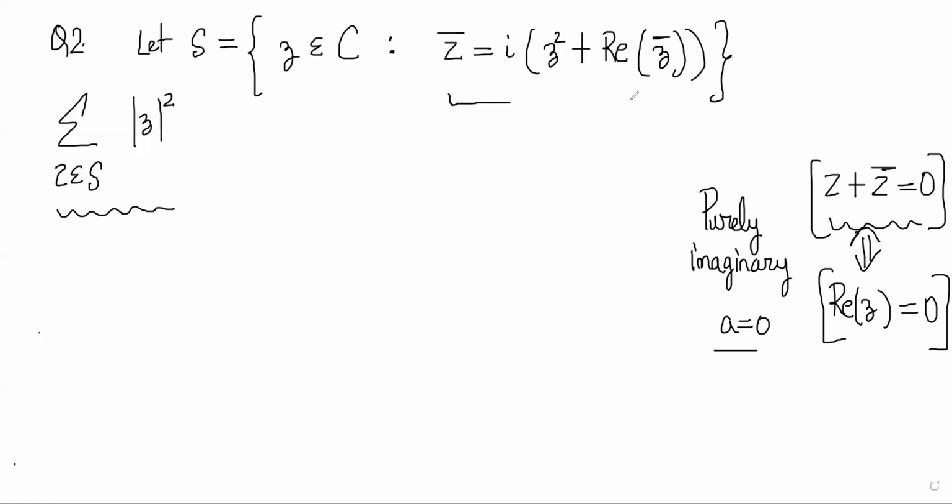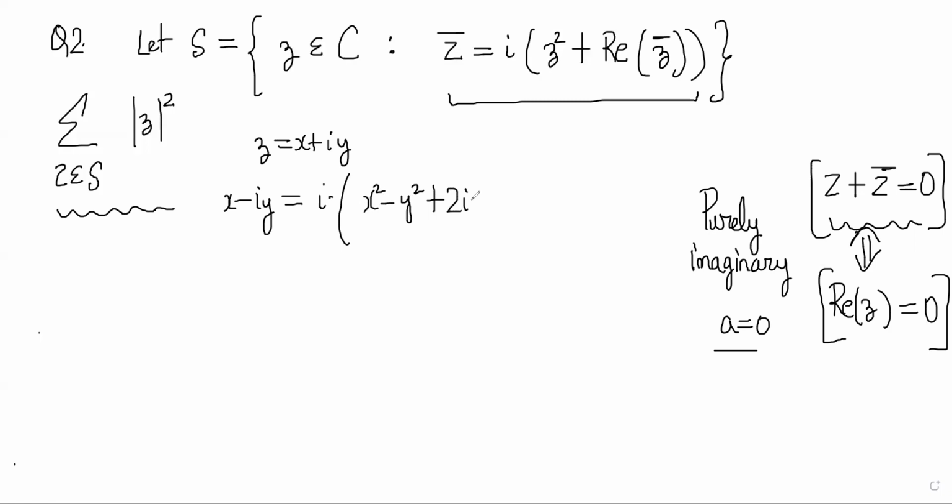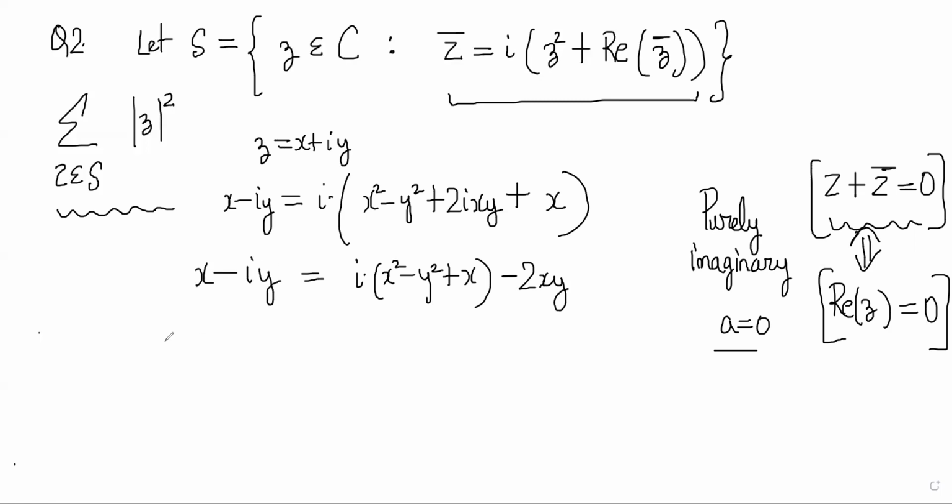We can do it in multiple ways. Simplest way would be just take z as x plus iy. Z conjugate will be x minus iy. Equal to I times z square, which will be x square minus y square plus 2i xy, plus real part of z conjugate would be simply x, right? You are getting I times x square minus y square plus x plus 2i square xy, so minus 2xy, is equal to x minus iy, right?